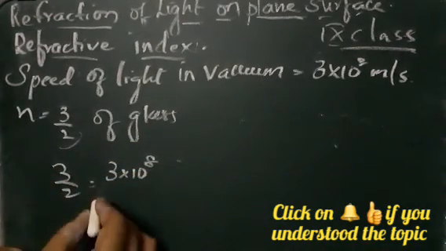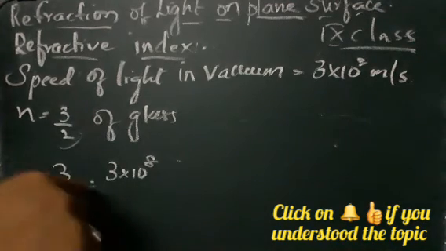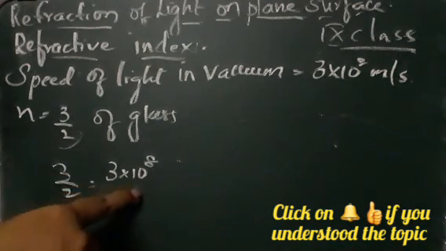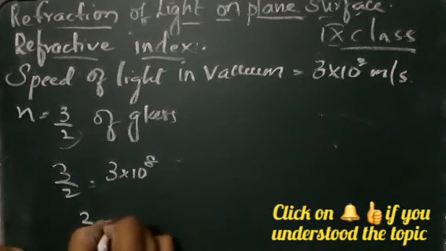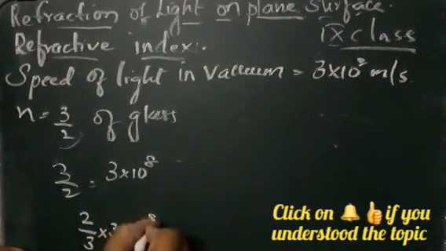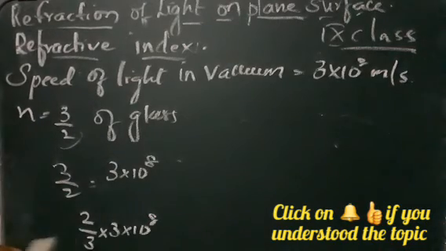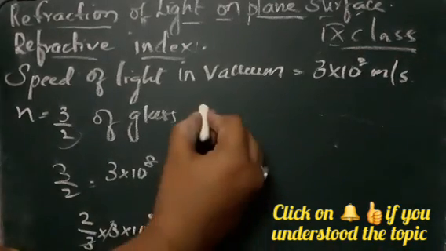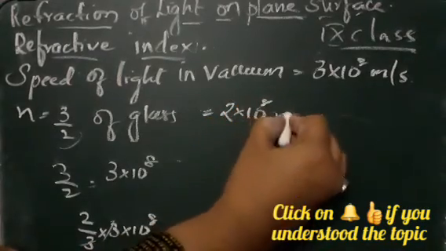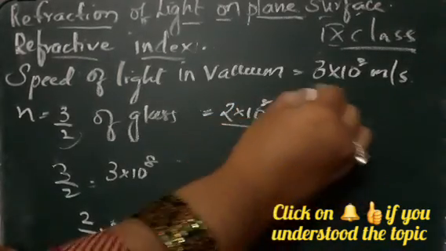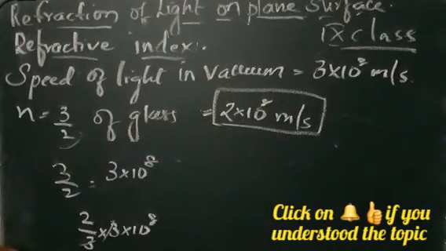We will move it here, so what we will get is 2 by 3 into 3 into 10 to the power 8. Here 3 gets cancelled and the resulting answer is 2 into 10 to the power 8 meters per second. So this is the speed of light in glass.